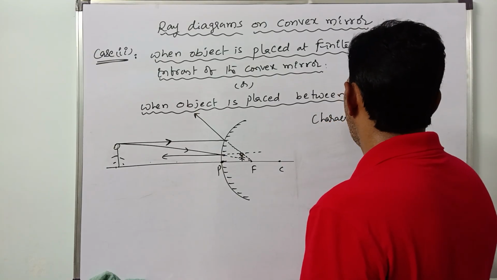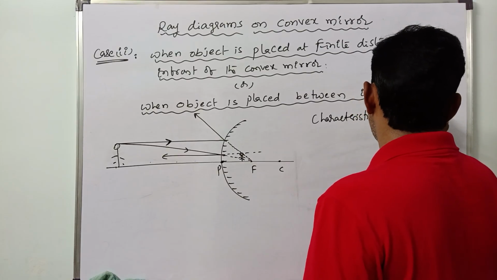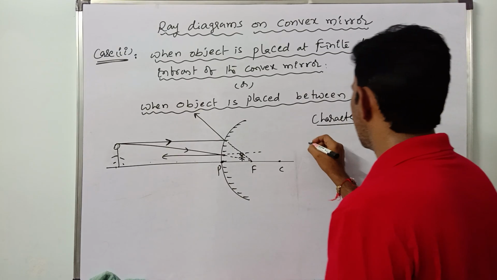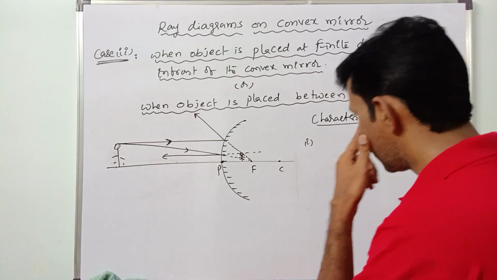Characteristics of the image. First, what is the position of the image?